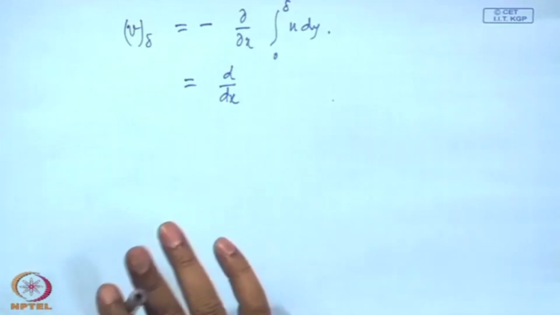Okay? And once it is UE minus U, that integration, the limit can be straightaway extended to infinity. And definitely you have done it, because you have got delta star.